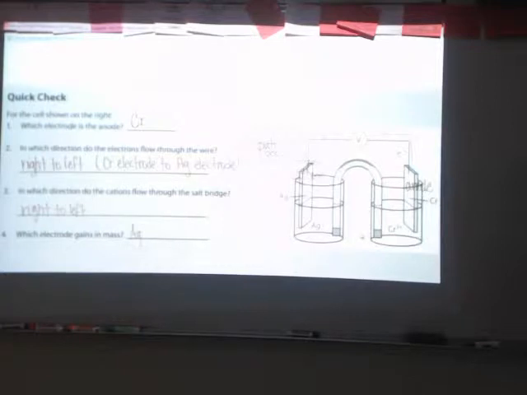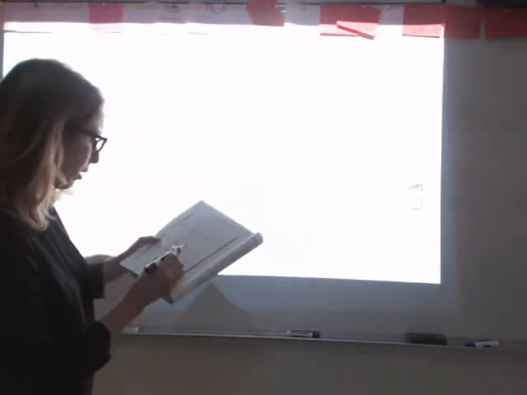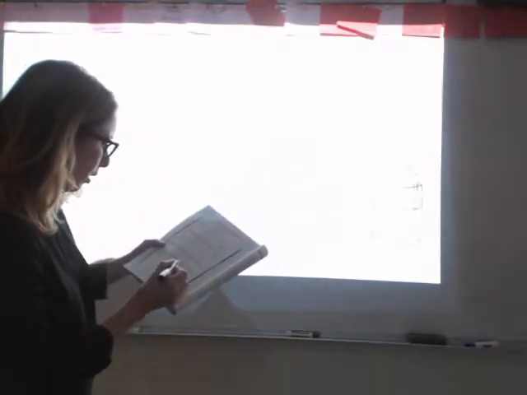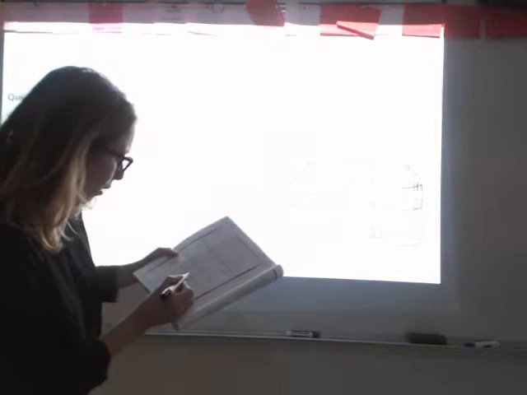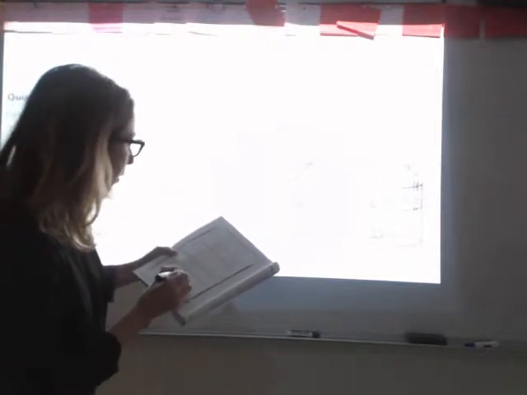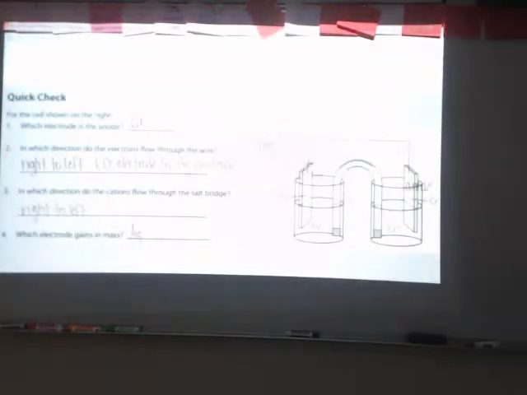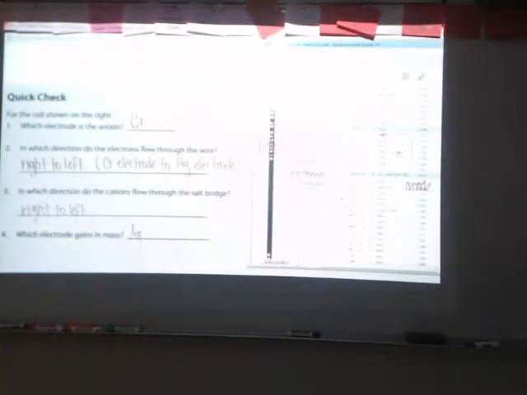Okay, did you guys get chromium for the anode? Okay, look at the SRP table. You're looking for chromium, and you have Cr, Cr plus 3, and then you've got Ag. So let me just pull this image over.